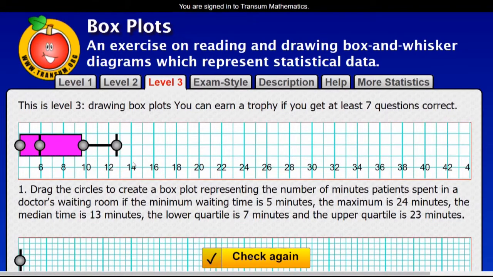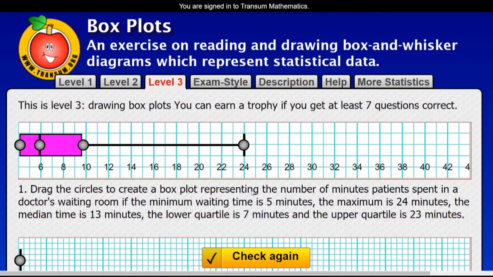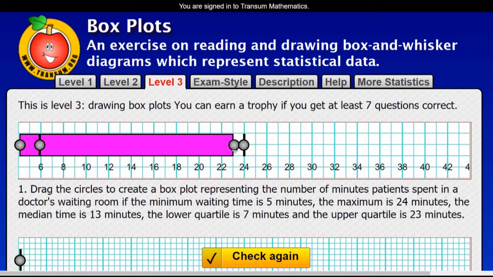So first of all, we'll deal with the rightmost part of the diagram, which represents the maximum. In the question, I can see that the maximum is 24 minutes. So I'm going to start off by dragging that to 24. Then the next portion would represent the upper quartile, and I can see that the upper quartile is 23 minutes from the question information.